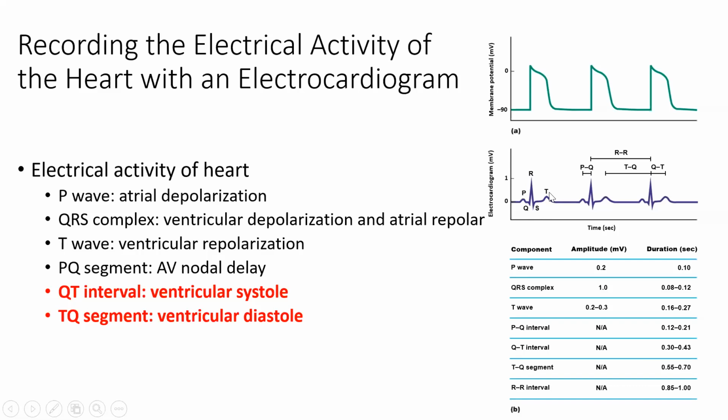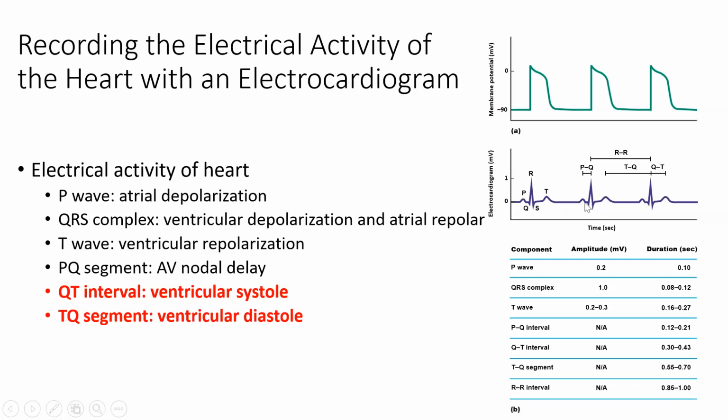And then we can look at the ventricular diastole, which is basically when the ventricles are relaxing and receiving blood or filling. And so that's going to be the TQ segment, basically the end of this entire curve. So the end of one complex and the beginning of another.